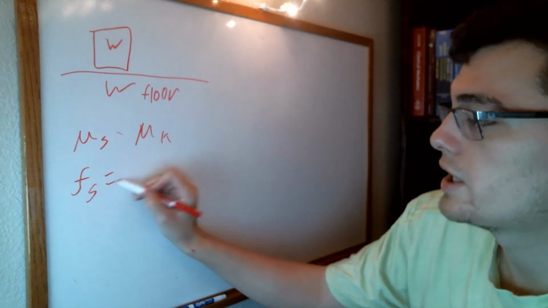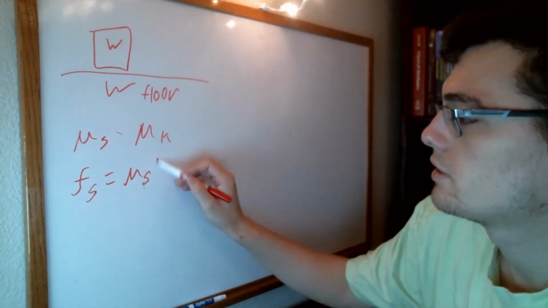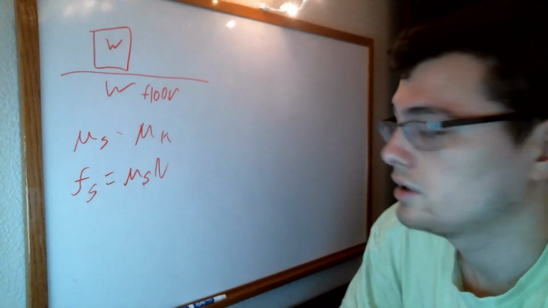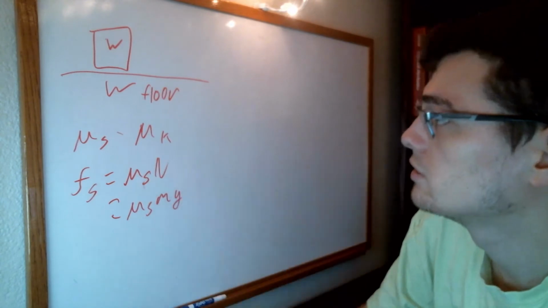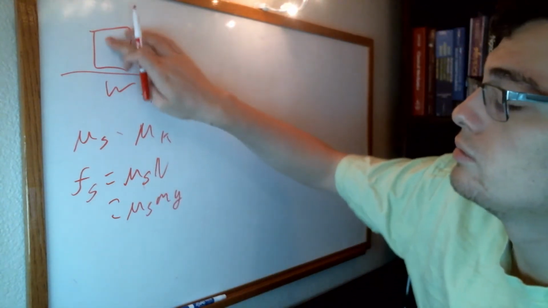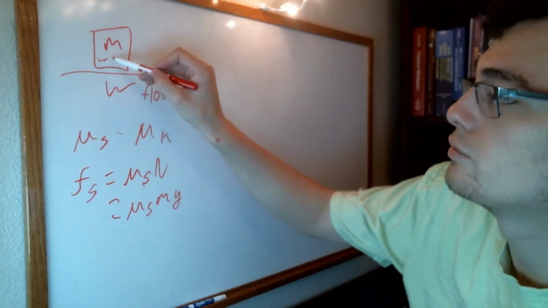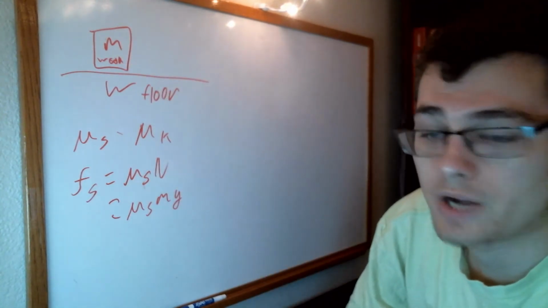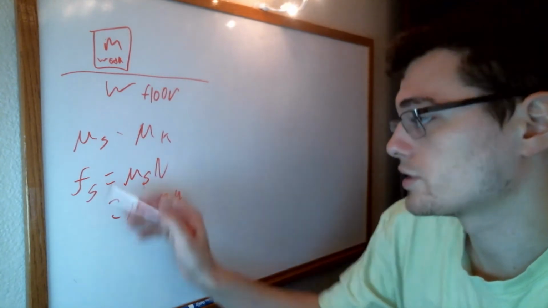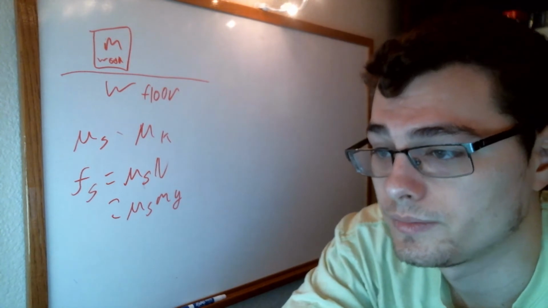So Fs is going to be equal to mu s N, and then this is equal to mu s mg. And so we know the mass here of this wooden box, and we know what gravity is, and we know what the coefficient of friction is. So we've easily found the maximum force that we can exert.